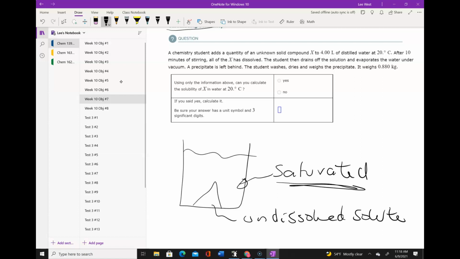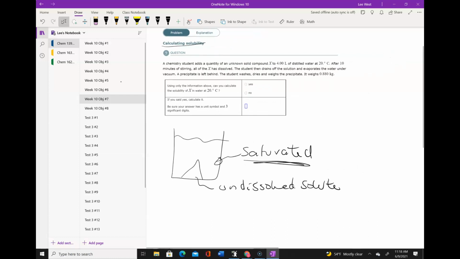We've got the maximum amount of solute that could be present in that solution, right? So if we added more solute in this case, it would just fall to the bottom. It wouldn't dissolve. That's another check. If you add solute and it falls to the bottom, you know that your solution is saturated.